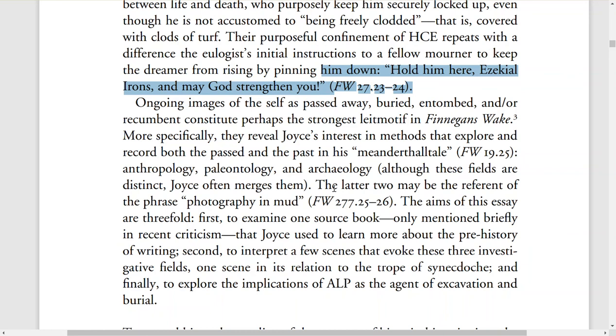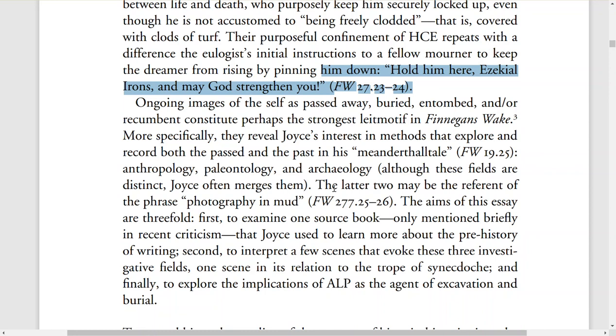Ongoing images of the self as passed away, buried, entombed, and/or recumbent constitute perhaps the strongest leitmotif in Finnegans Wake. So whatever he has observed up there, now he is summarizing that observation into these ongoing images of the self as passed away.